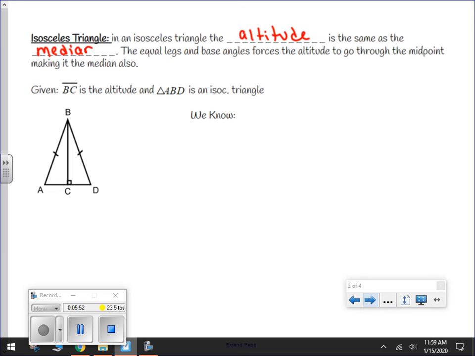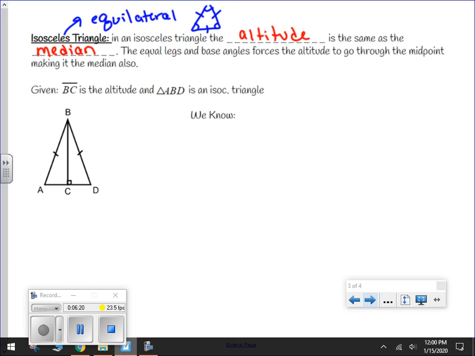The equal legs and the base angles force the altitude to go through the midpoint, making it the median as well. Okay. Another triangle that this happens in is equilateral. Again, all the sides of an equilateral triangle are equal, all the angles are equal, forcing the altitude to go through the midpoint of the base of the triangle.